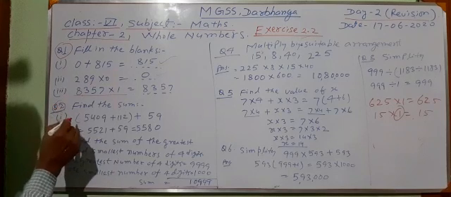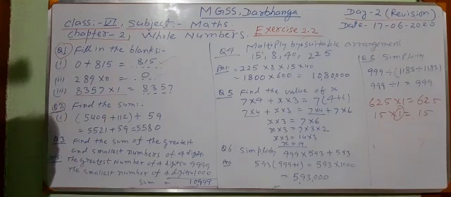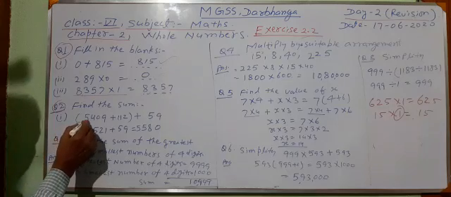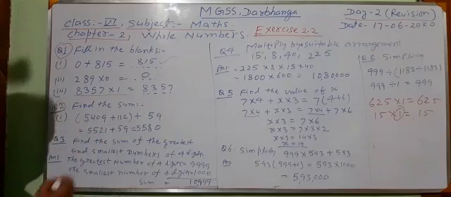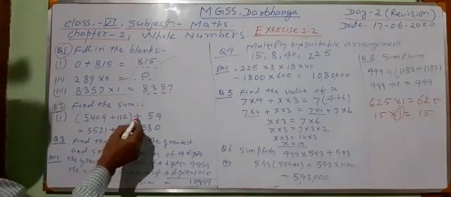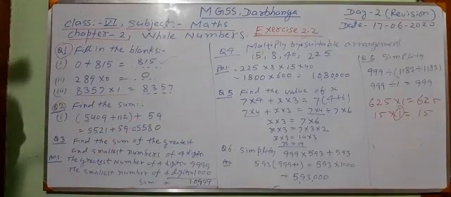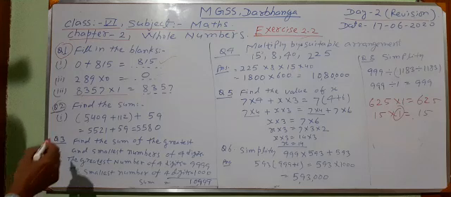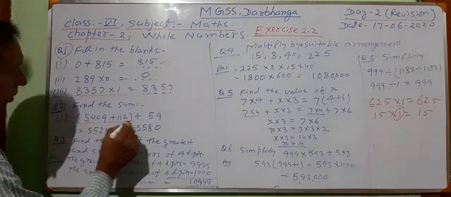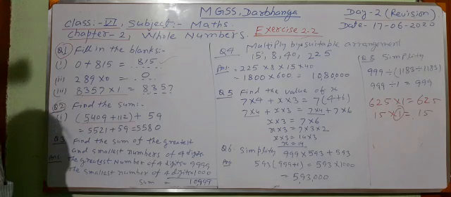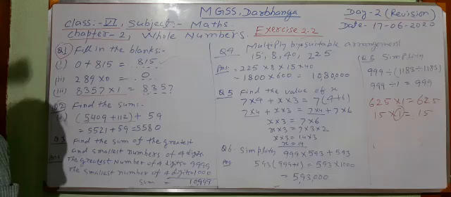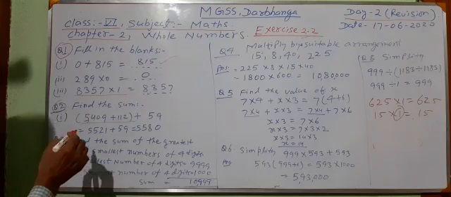Question number 2 is find the sum. Here one question has been given: 5409 plus 112, these two numbers are given within a bracket, then plus 59. Which property do we have to use? We have to solve first within the small brackets. If two or more numbers are given within a small bracket, they must be converted into a single number.